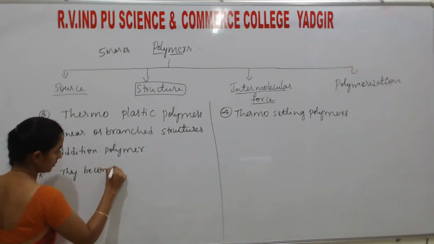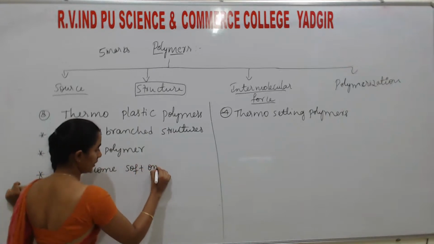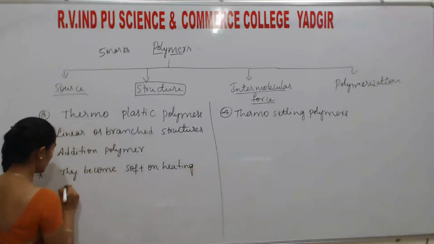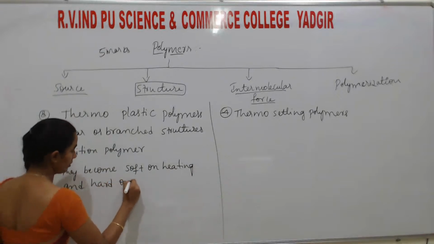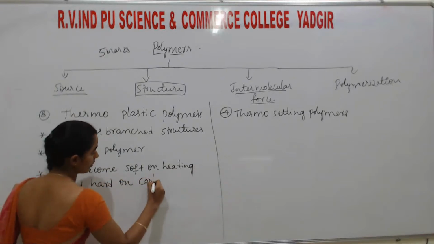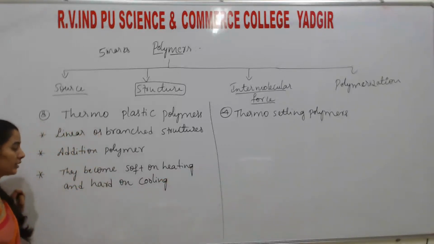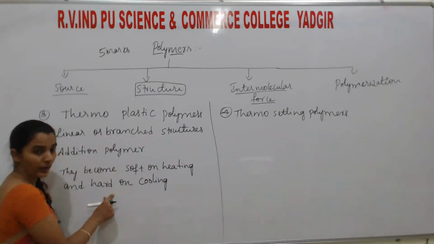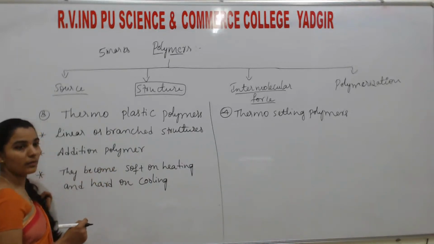So students, another one is that they become soft on heating and hard on cooling. They become soft on heating and hard on cooling. They respond to heat energy. Understand? Upon heating, they become soft. Upon cooling, they become hard.